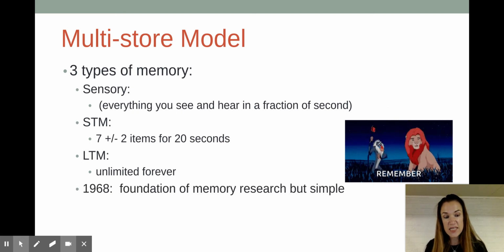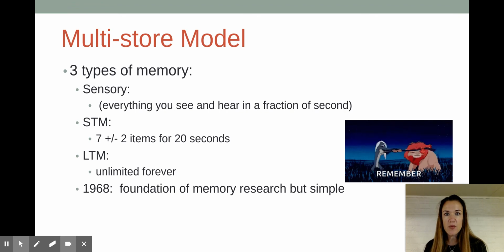In 1968, Atkinson and Shiffrin came up with this theory of memory, and this is the foundation of memory. This is what people talk about all the time. Even people who have never taken a psych class know the difference between short-term memory and long-term memory, even if it is not an accurate definition. It is the foundation of memory research, but it is very simple.